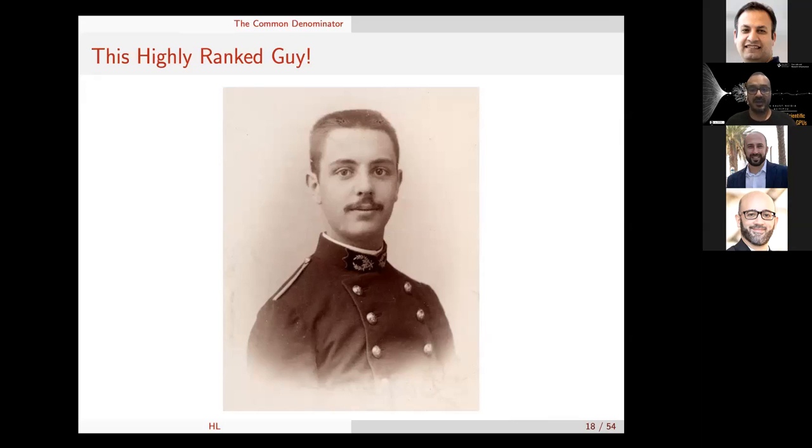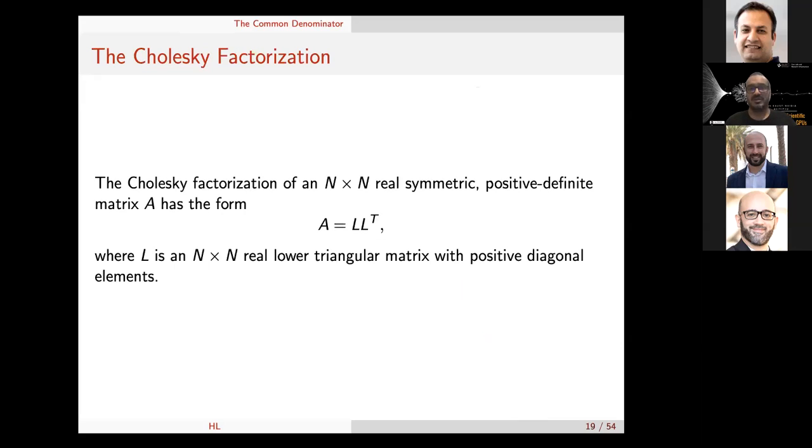He was a French military officer who passed away a long time ago, of course, at a very young age, but he gave us this cool algorithm, the Cholesky factorization. This Cholesky factorization is one of the most time-consuming operations in those 4 applications that I mentioned.